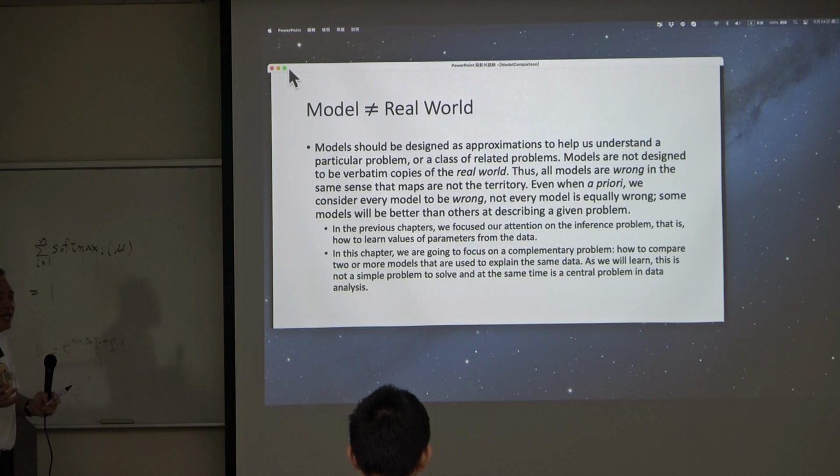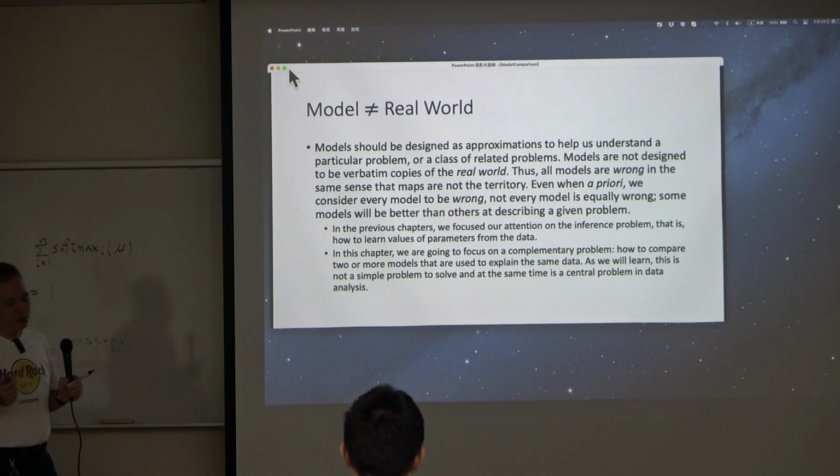It's not like we are trying to get the correct model. It's like we are trying to get the best model, in the sense that it's less wrong than the other models. Some models will be better than the others at describing a given problem.